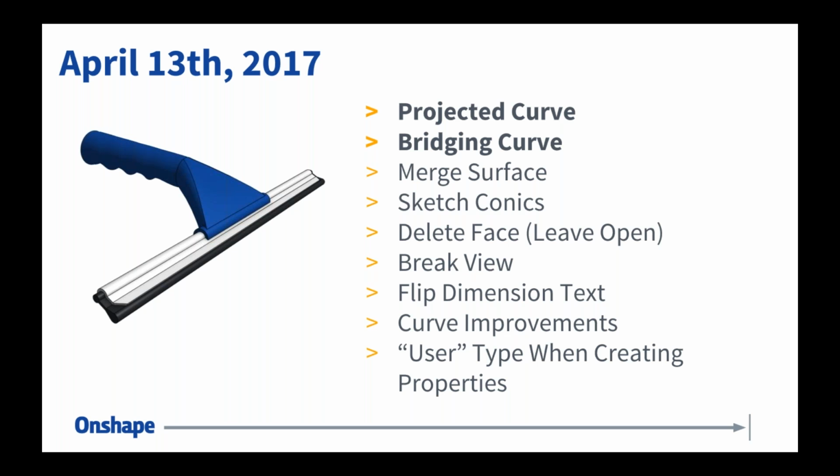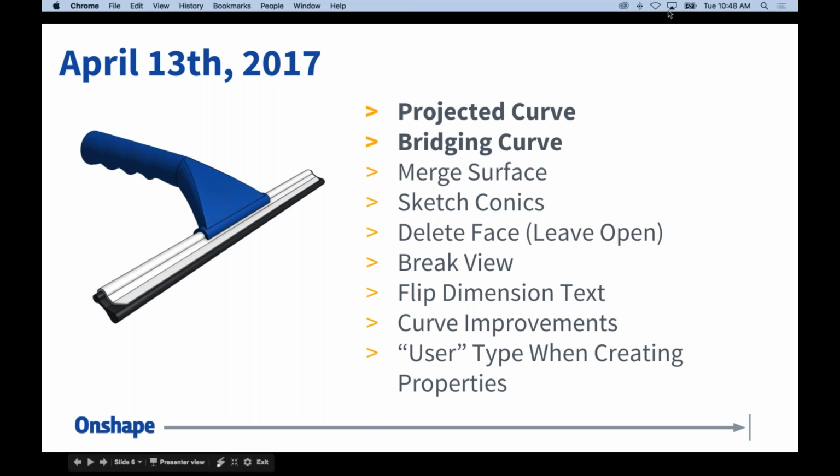So if you have geometry from another CAD system that was constructed using curves, we will import those curves into Onshape, and you'll see those listed in the parts list as well. So just keep in mind, in general, cleaner, more uniform behavior with regards to curves. There's a few other little things that I could mention, but just keep in mind, we're really working on making that experience consistent. All right, so that is general curve improvements. There are quite a few.